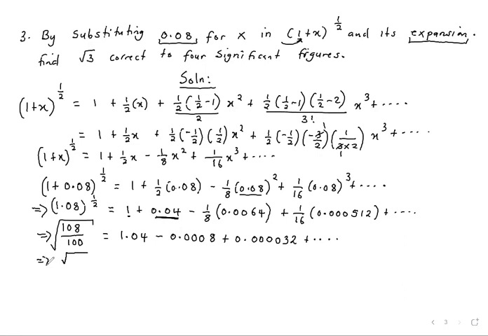If we break 108 by 3, we may by chance find a perfect square. 3 in 10 goes 3, remainder 1, 3 in 18, 6. So we can write 108 as 36 by 3. As we separate it from 100, the square root of 100 is 10.